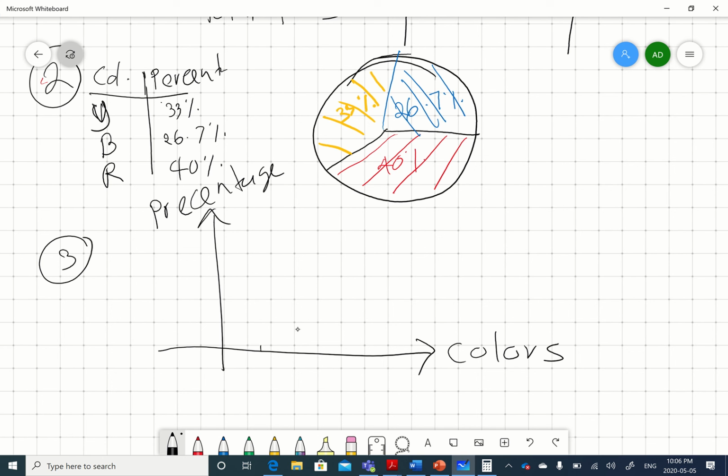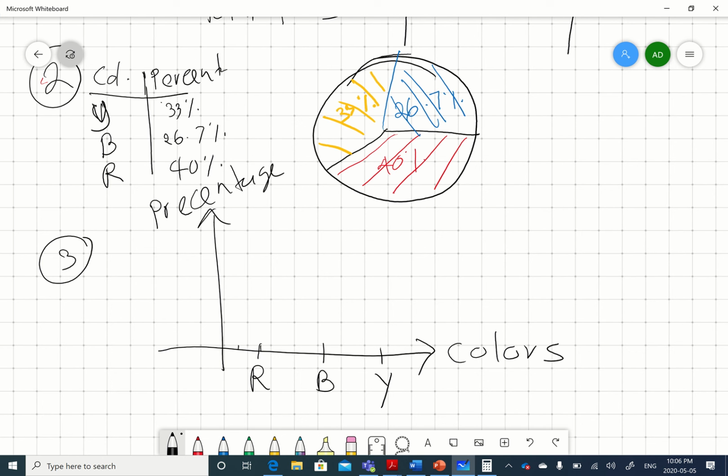We are just going to place the 3 distinct colors on the x-axis: red, blue, yellow, and then place a vertical bar of the height of each percentage.